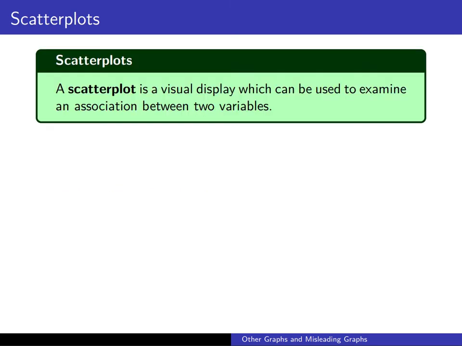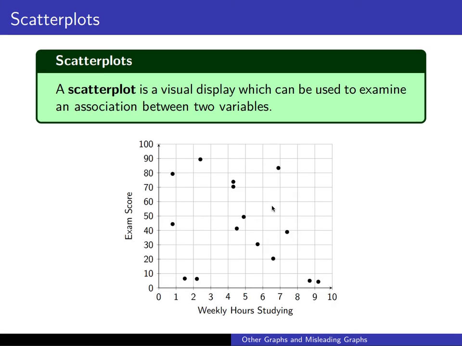So scatter plots, which we'll talk about in more depth in a future video, are a visual display which can be used to examine an association between two variables. So, for instance, here I have weekly hours studying and then exam score.